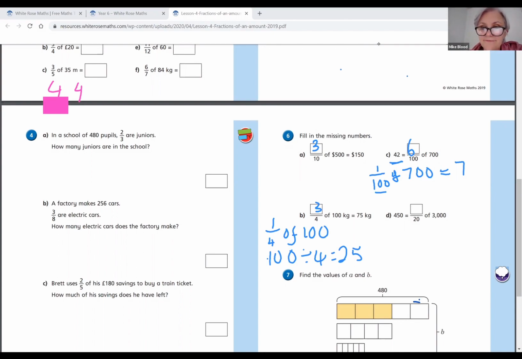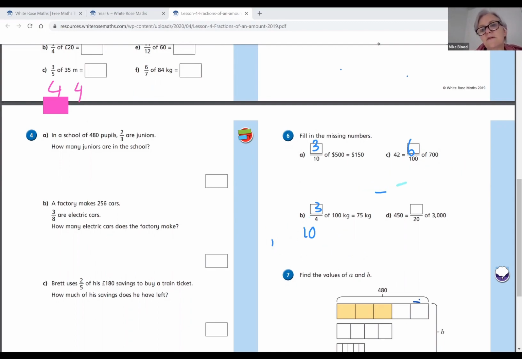Okay, the next one. I've got it here a little bit bigger because, as some of you know, it's quite hard for me to do it on the screen. So 450, we've got how many 20ths of 3,000? Well, if we follow what we did up here, we need to find out what 1/20th is first. Let me get rid of all this because it's messy. So, what is 1/20th? 3,000 divided by 20. 20 into 3 doesn't go, but 20 into 30 goes 1.